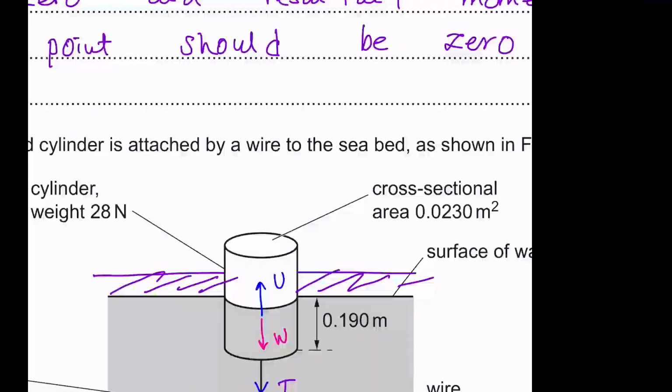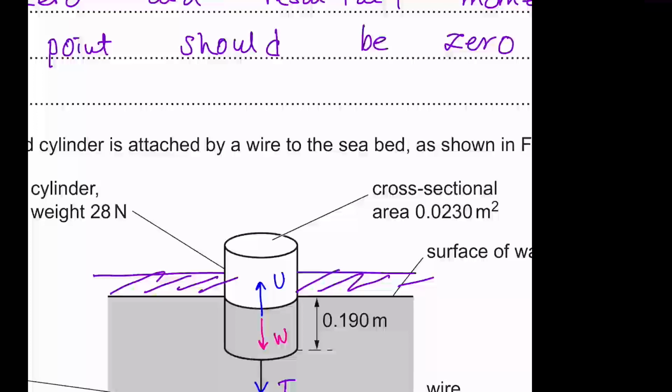Correct? Upthrust will increase. So if the upthrust increases, what will happen to the tension? Will increase, because upthrust is equal to W plus T. W is not going to change. So if the upthrust increases, the tension will also increase. Tension is the force in the wire.